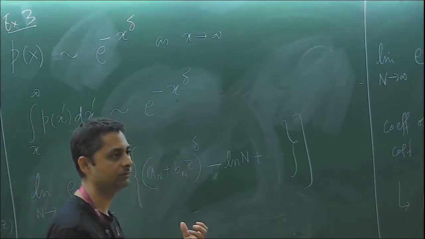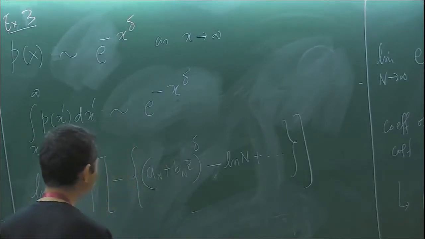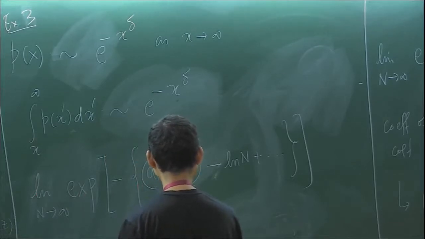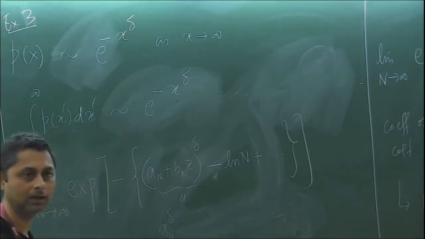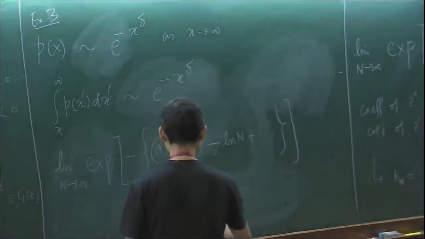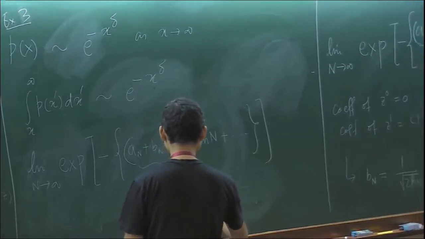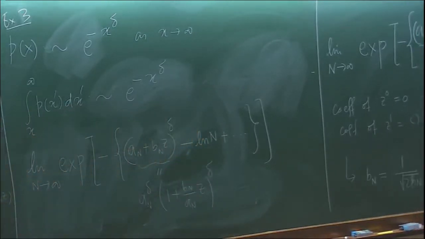So therefore you can see now that if you again demand that the coefficient of the z to the power 0 term should be 0, then what is the coefficient? This one you can expand. So what is the expansion? An to the power delta you can take out: 1 plus bn by an z to the power delta.